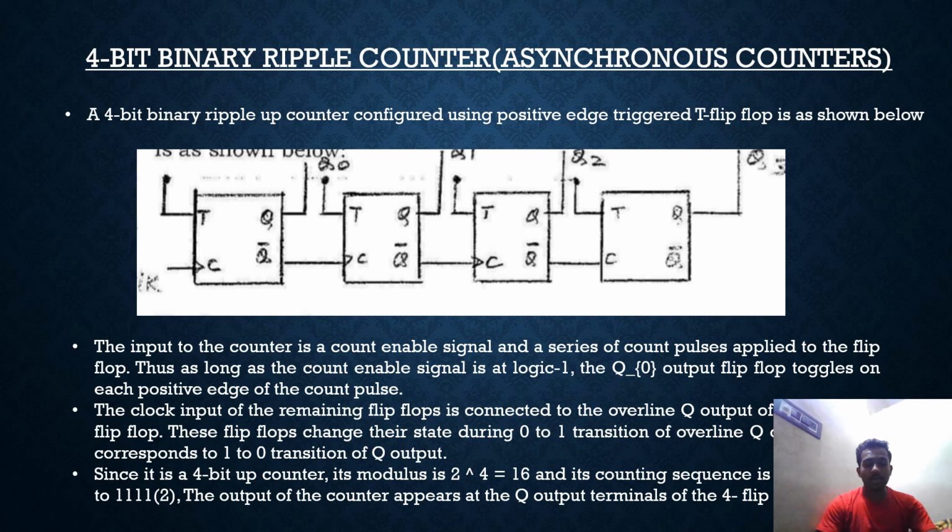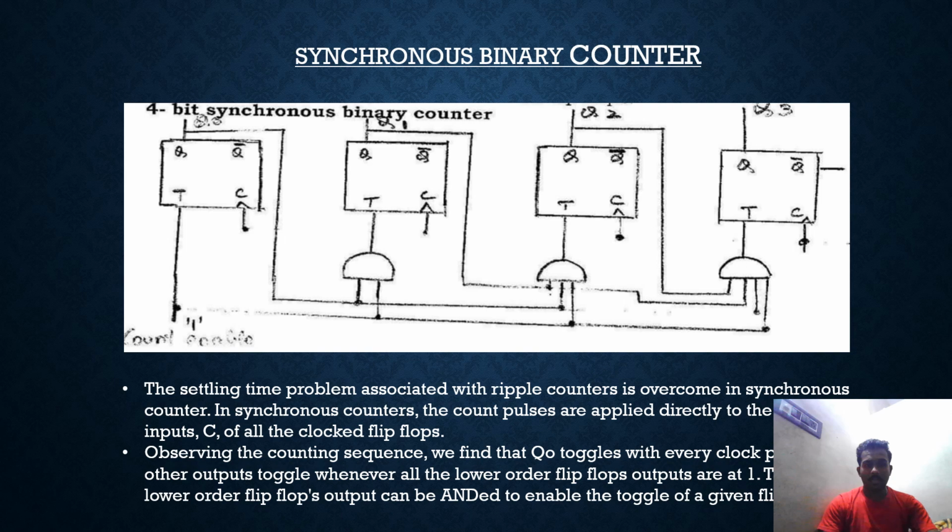The binary counter is now known as a synchronous binary counter. The settling problem associated with the ripple counter is overcome in the synchronous counter. In a synchronous counter, the count pulses are applied directly to the clock input C of all flip-flops.